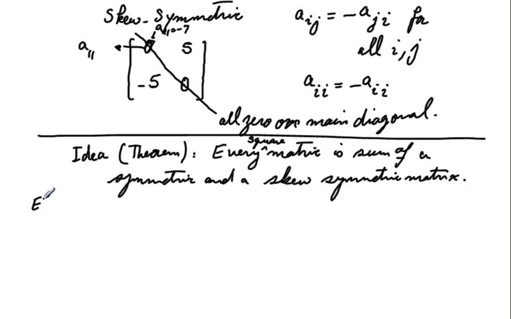Here's an example. Suppose I give you some matrix. Suppose it's 5, 11, 9, say 17.